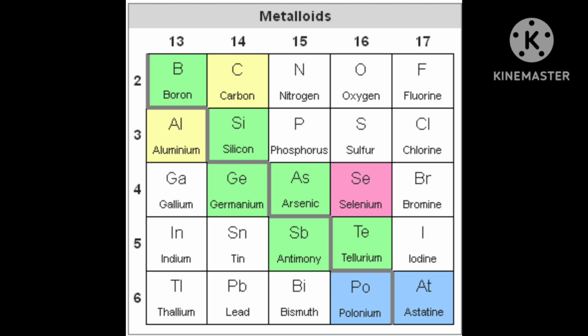When the first electron goes, that is called first ionization energy. The energy required to remove the first electron from the outermost orbit. 2 electrons are there. The energy required to remove the first electron is called first ionization energy, and the energy required to remove the second electron is called second ionization energy.